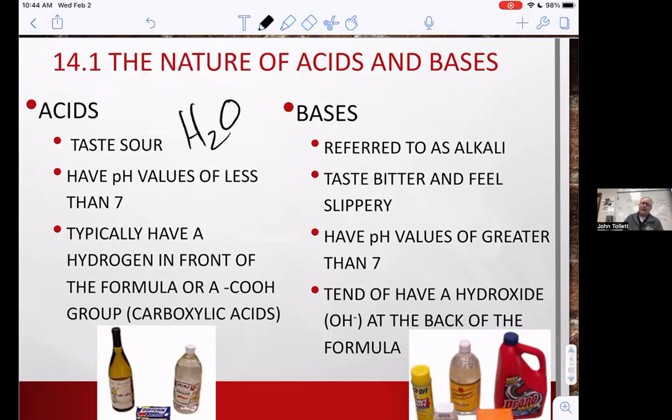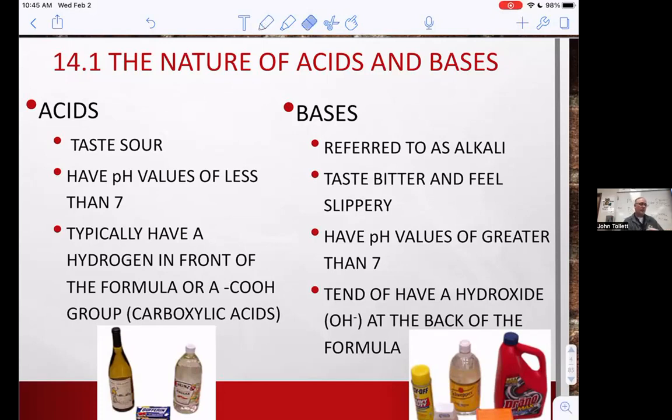Water can have acidic and basic properties. The pH of distilled water or just pure water is 7, so it's neither an acid nor a base, really. But given certain circumstances, it might release hydrogen ions in a certain solution and behave like an acid. So typically they'll have a hydrogen in front of them, but not always.